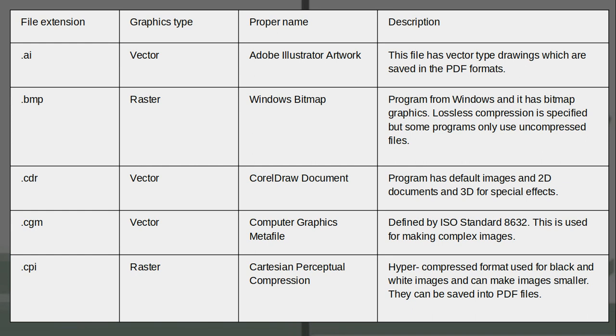So a hyper-compressed format used for black and white images that can make images smaller. They can be saved into PDF files. So these are the main formats for these types of graphics, on how to get the right format for the right image, basically, when you export, I would say, or when the image is saved.